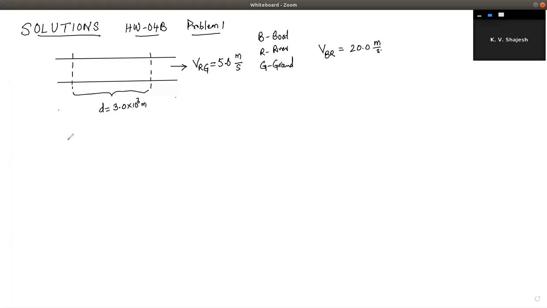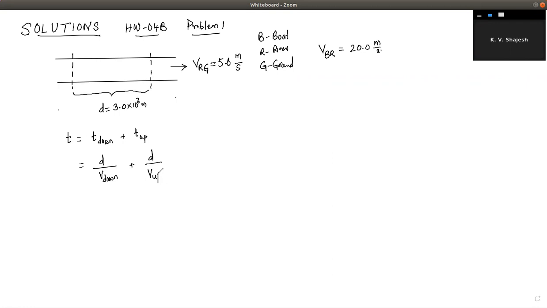The total time that the trip will take would be the time taken for the downstream journey plus the time taken for the upstream journey. The time taken for the downstream journey will be the distance d divided by the velocity during the downstream journey.